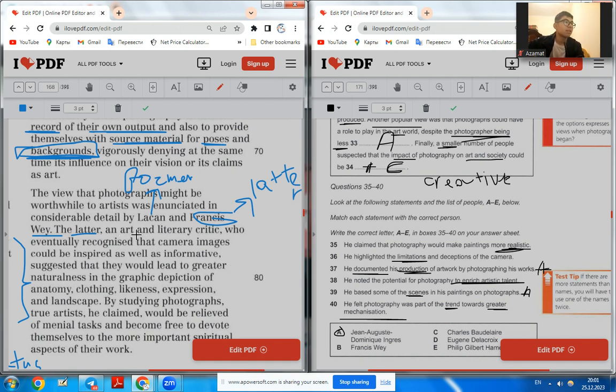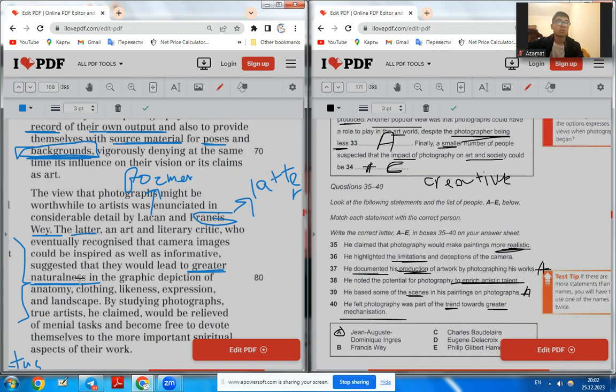The latter, an art and literary critic who eventually recognized that camera images could be inspired as well as informative, suggested they would lead to greater naturalness in the graphic depiction of anatomy, clothing, likeness, expression, and landscape. So what he said was, these photographs will cause much greater naturalness, right?